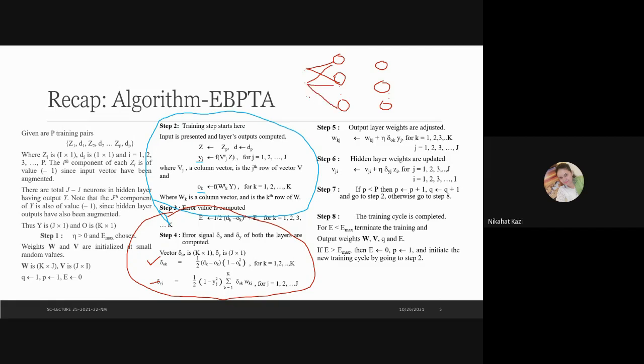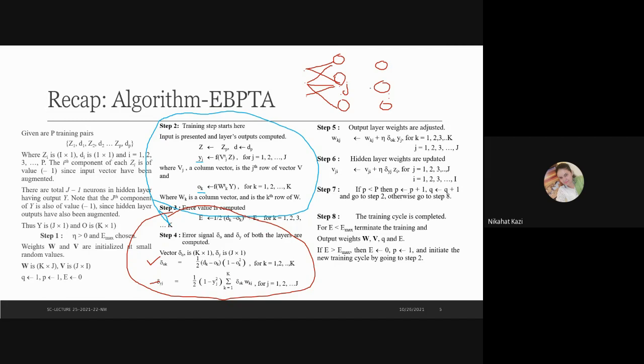So if I'm talking about this particular term that we see here, let us consider neuron J in the hidden layer. Then what is this term?